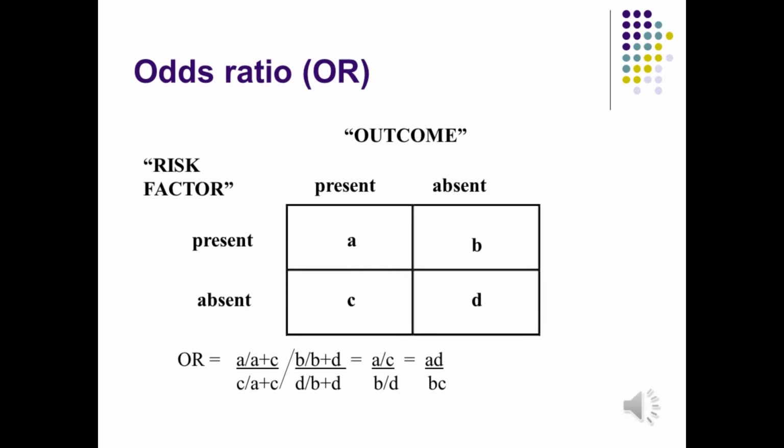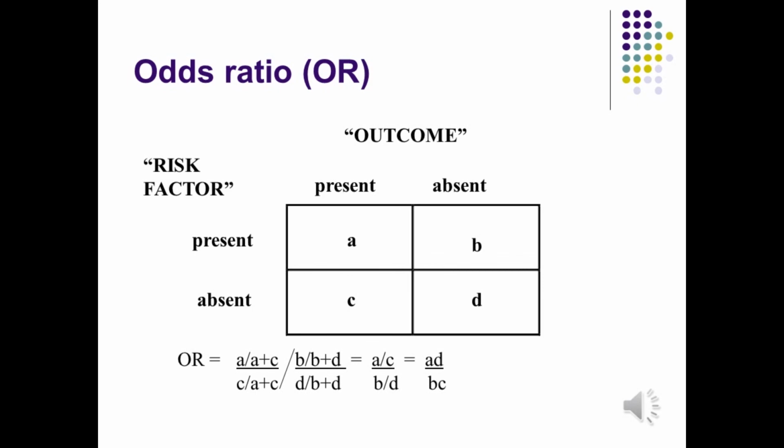You've got the outcome and the risk factor, so it may be lung cancer and smoking, and you want to look at the odds that a case has been exposed divided by the odds that a control has been exposed. So how likely are those with lung cancer to have been exposed compared to those without?